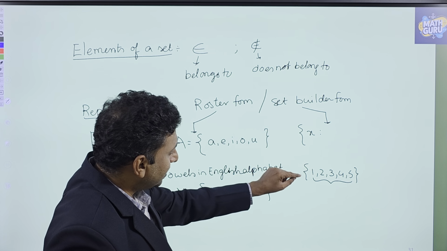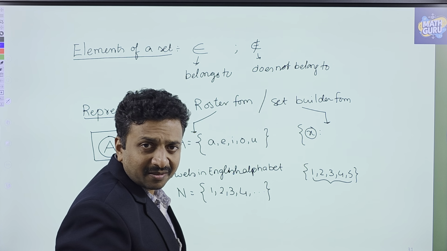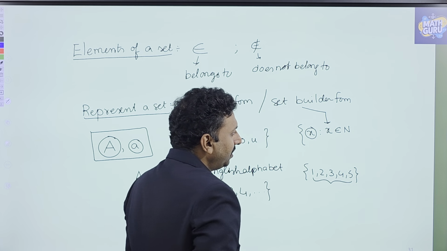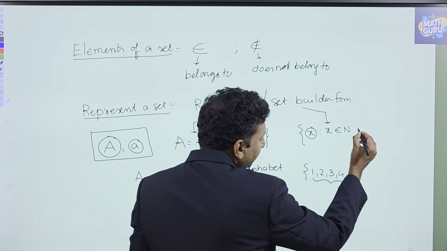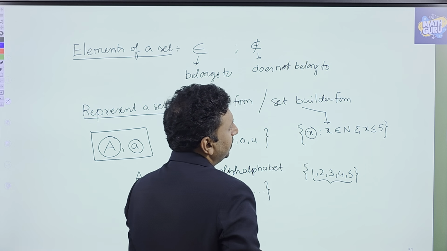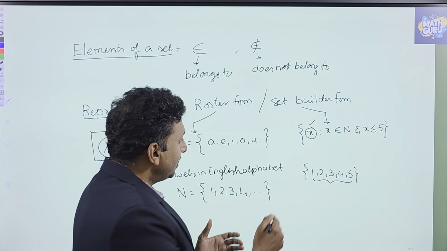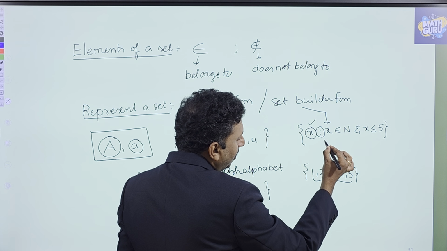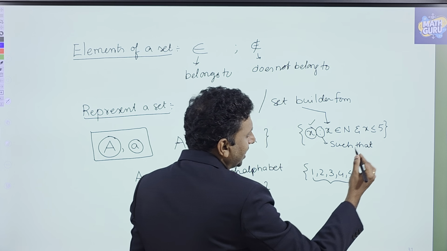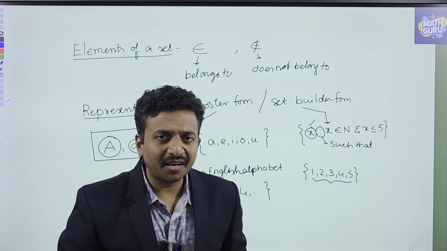So this set is a set containing elements of the form x, where x belongs to natural numbers, x is a natural number, and x is less than or equal to 5. We write the general element of the set before the colon, which denotes such that, meaning what is the condition that this x has to satisfy. So x such that x is a natural number and x is less than or equal to 5.